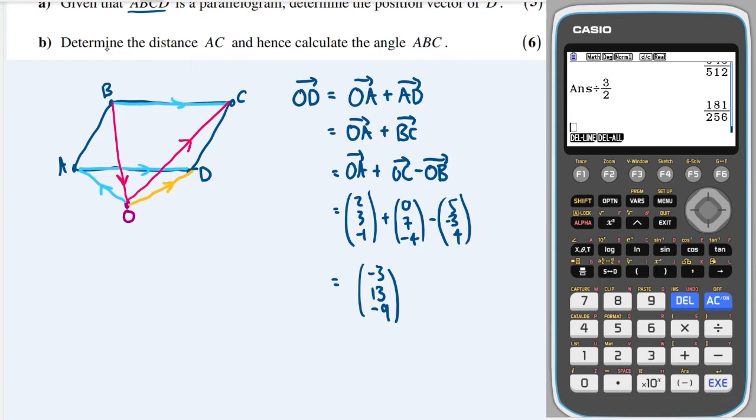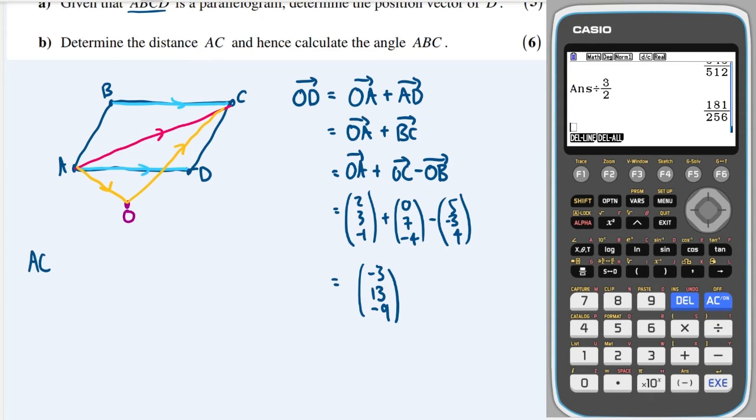Okay, next part of the question says determine the distance AC. Okay, so let's get rid of some of these. A to C is like this, and the way we can do that is we can go from there to there and then from there to there.